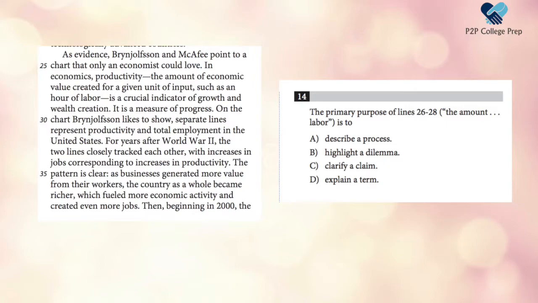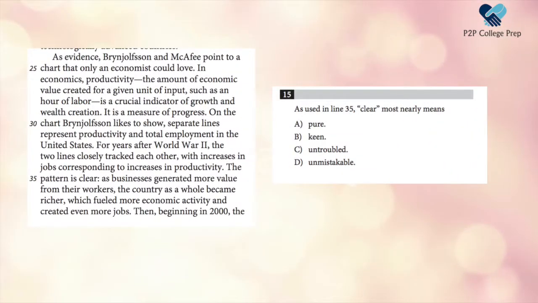Just by that, we can rule out A and B. And since this is the first time he's really going out of his way to describe what productivity is, and he's just defining it and not adding any additional details, we know that he's just explaining it. If he went on further to describe more and go into it, he would be clarifying it. But since he's just describing it, he's explaining it. So the answer for 14 is D.